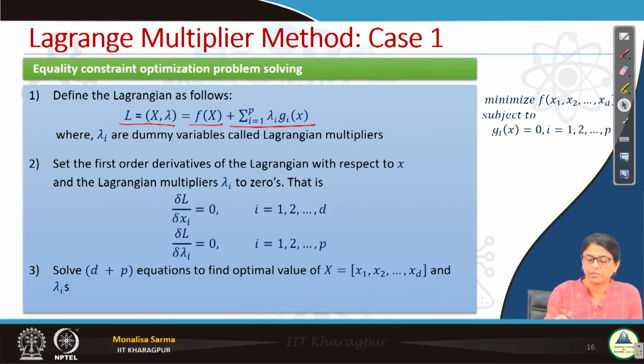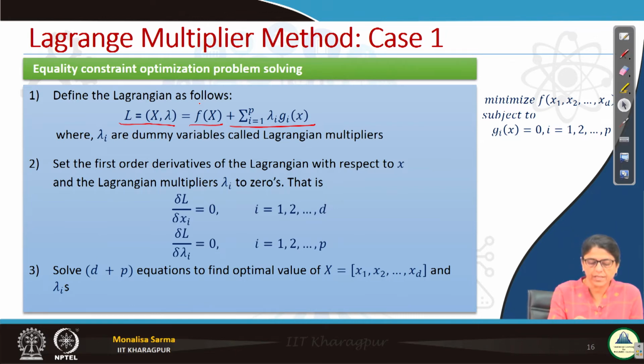For each constraint we use one lambda, one dummy variable. If there is one constraint, lambda 1 g1. If there are two, lambda 1 g1 plus lambda 2 g2. Three constraints, lambda 1 g1 plus lambda 2 g2 plus lambda 3 g3, likewise. So it is the summation of all the constraints multiplied by the dummy variables, plus f(x). This is my Lagrangian.